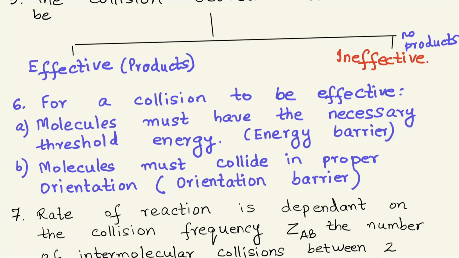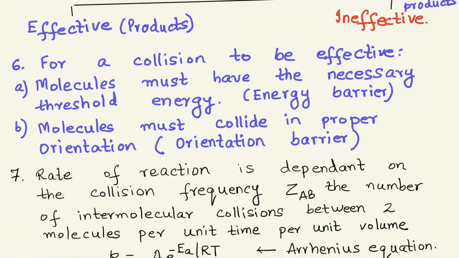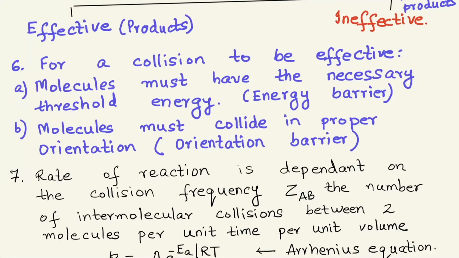Got it? What is the criteria for a collision to be effective? First, the molecules must have the necessary threshold energy. Two people come across each other, they bang against each other, but both of them are very tired. It's like, oh, okay, it's okay, boss, fine, sorry, no problem.